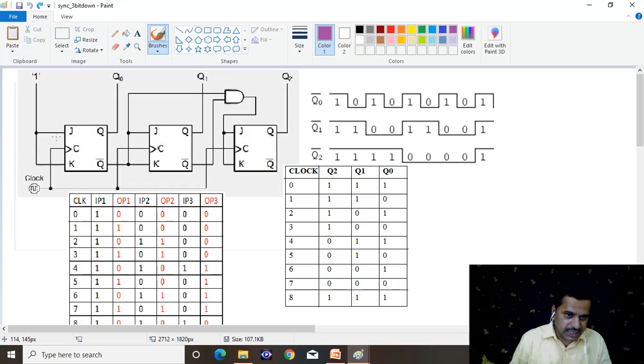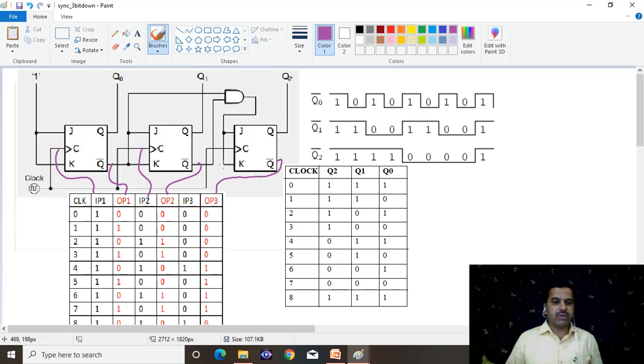The input to the first one is as usual, the output of the first one is the input to the second one, and the outputs we have taken from the Q bar. So you have to evaluate the Q bar outputs.